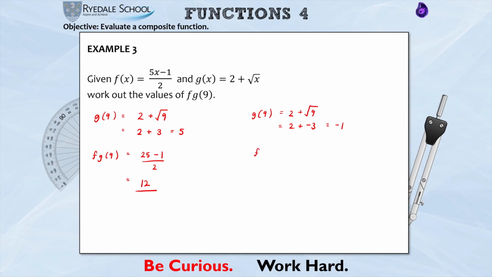If we then use our negative solution for g of 9, we're going to have negative 1 times 5, which would be negative 5. Take away 1 is negative 6. And negative 6 divided by 2 would be negative 3.